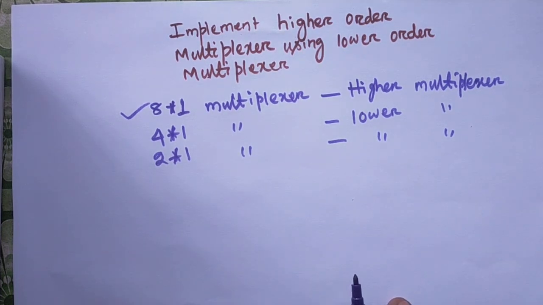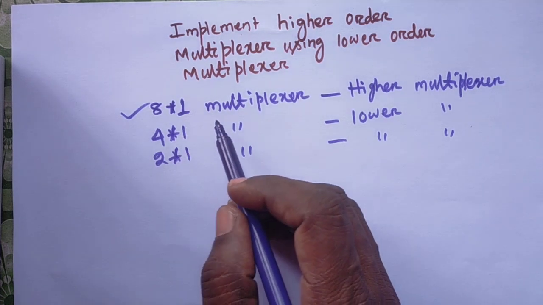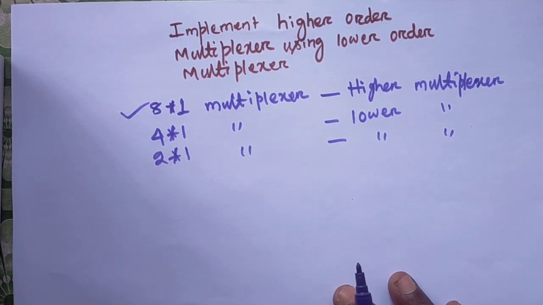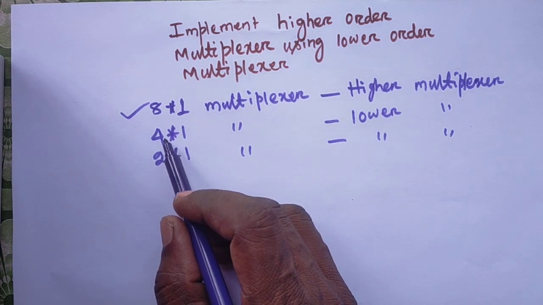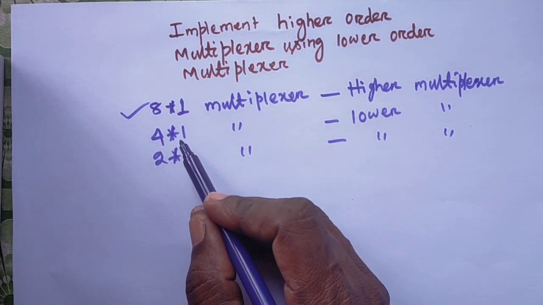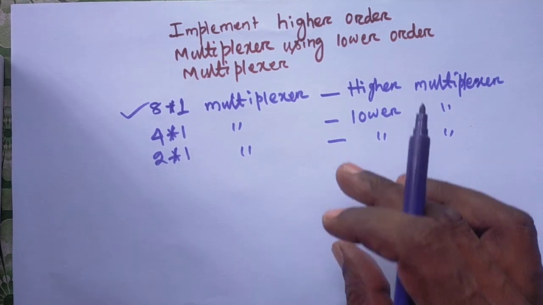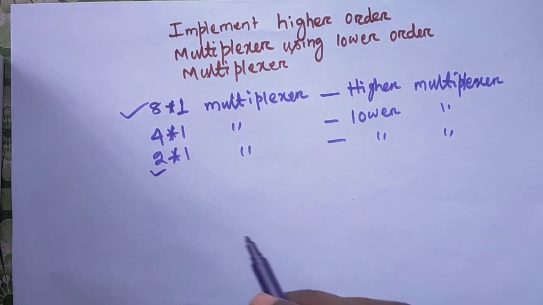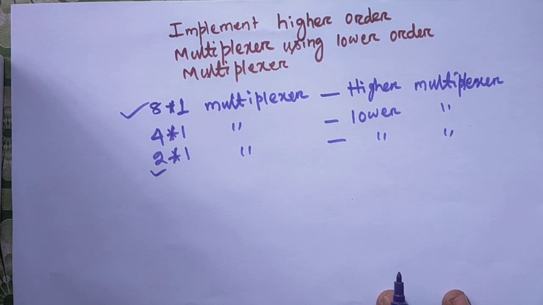We know that a multiplexer provides only one output. One multiplexer provides one output, another multiplexer provides another output. Then those two outputs are considered as the 2 inputs for the 2 into 1 multiplexer. Then it will provide one output. This is the basic concept.